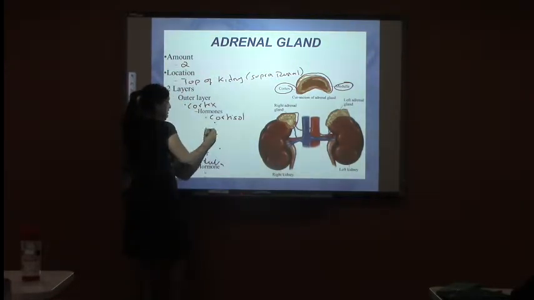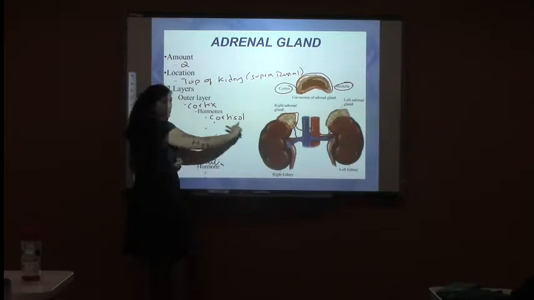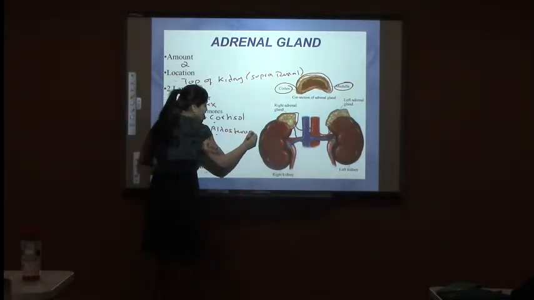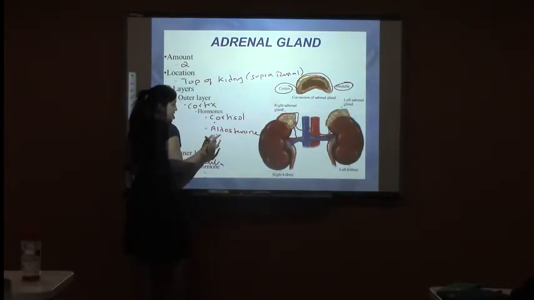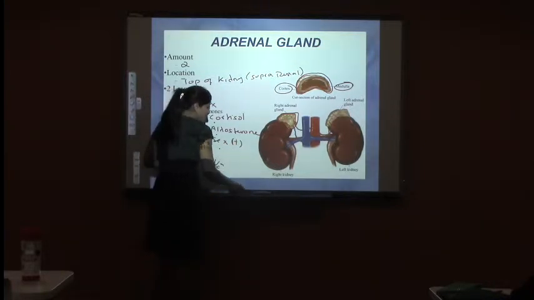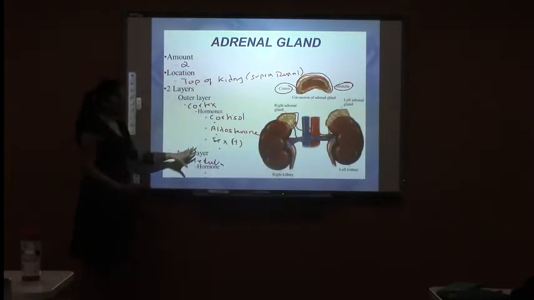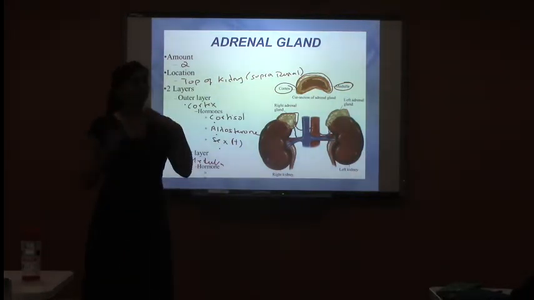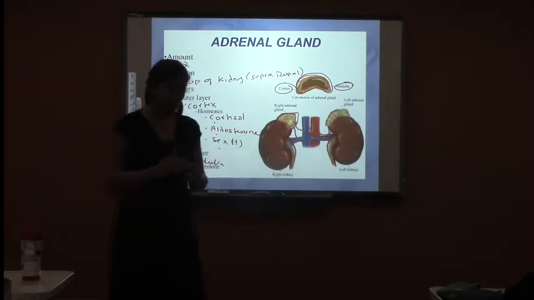Another is aldosterone. And the third is sex hormones. Okay? These are the 3 hormones which are released by the cortex, because the cortex is further divided into 3 distinct layers.